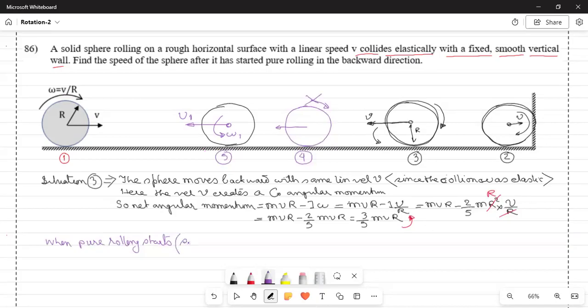So we can write situation 5. When pure rolling starts, say its angular velocity is omega 1, and linear velocity is v1.